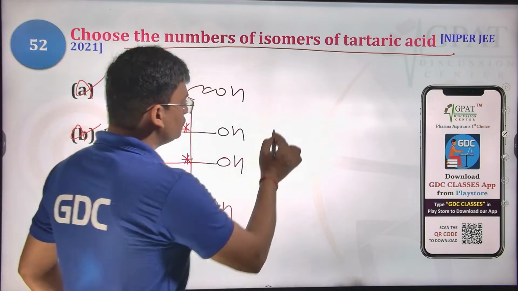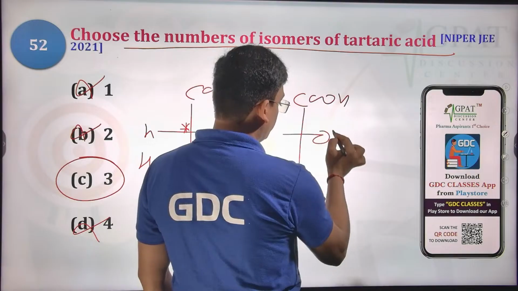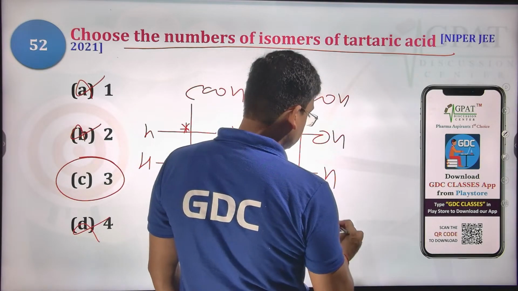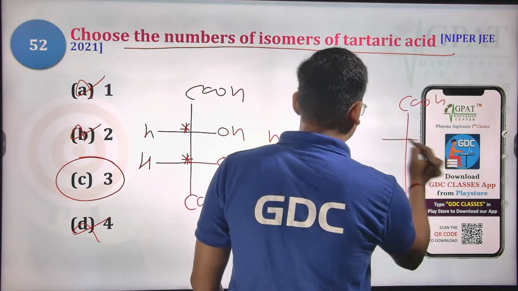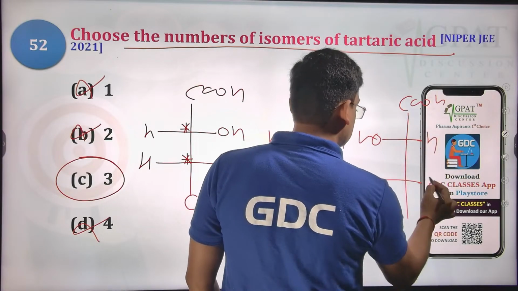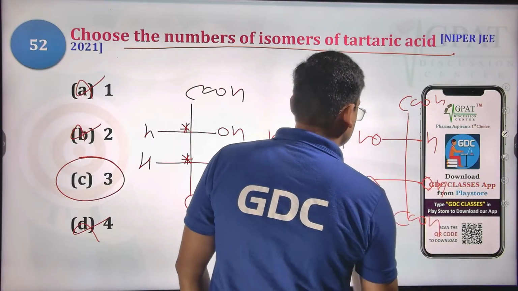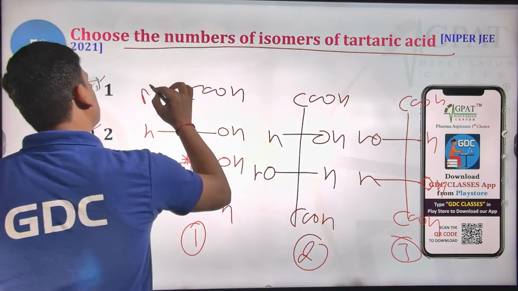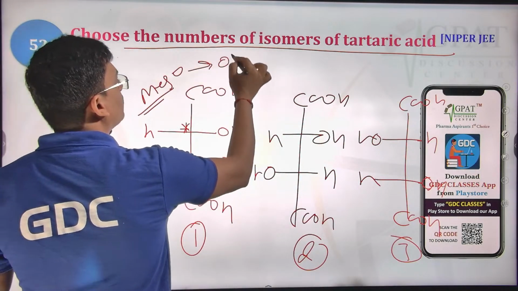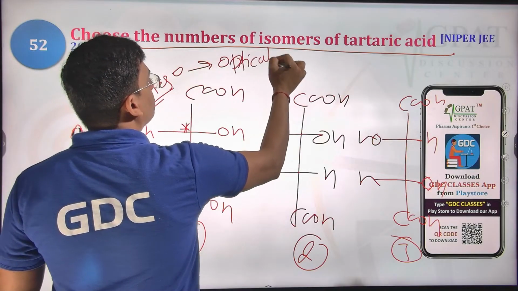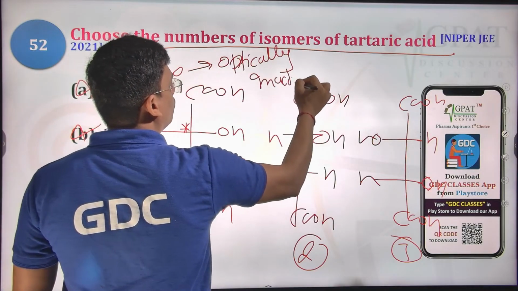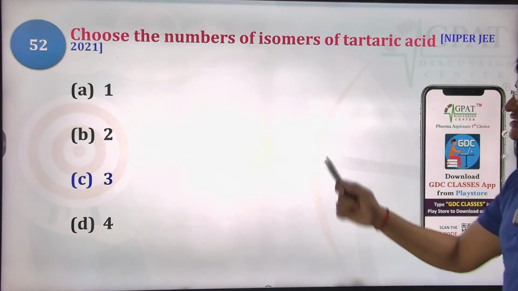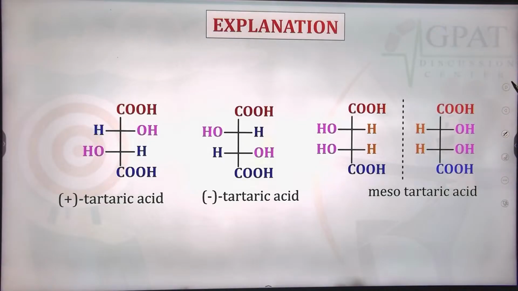One of them could be this one, OH, H, OH, H and COOH, and the other one will be the mirror image of this structure: OH, H, H, OH, COOH. So we are having form 1, form 2 and form 3. This is known as mesotartaric acid, that is optically inactive, while the other 2 isomers are optically active enantiomers of tartaric acid. So yes, C, that is 3, will be the right answer for this question.